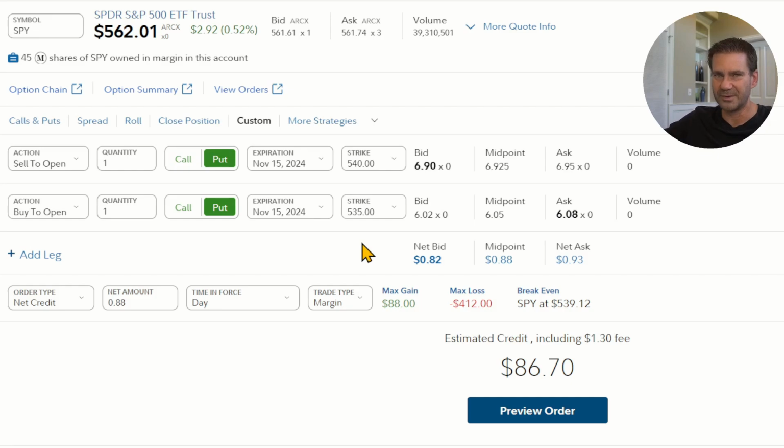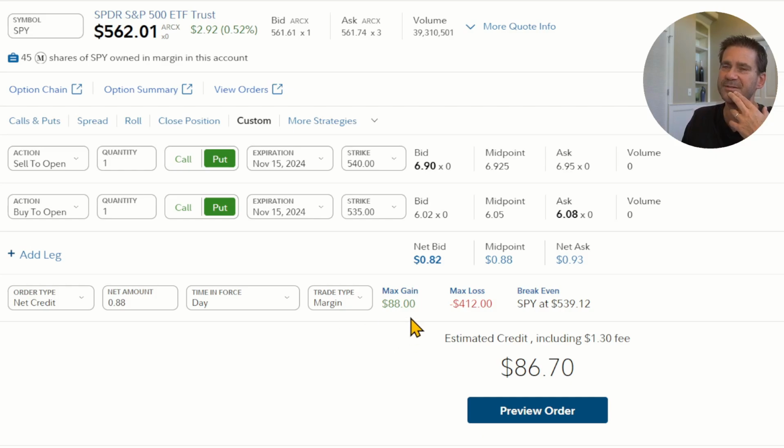So who cares if it goes to 2? It's the same thing when you add a second leg to an option and it's a long put. So in this case, at 535, who cares what happens? If it goes to $400 a share, guess what? We get to put those shares to somebody else at 535. That's our limit that we've put on this particular trade.